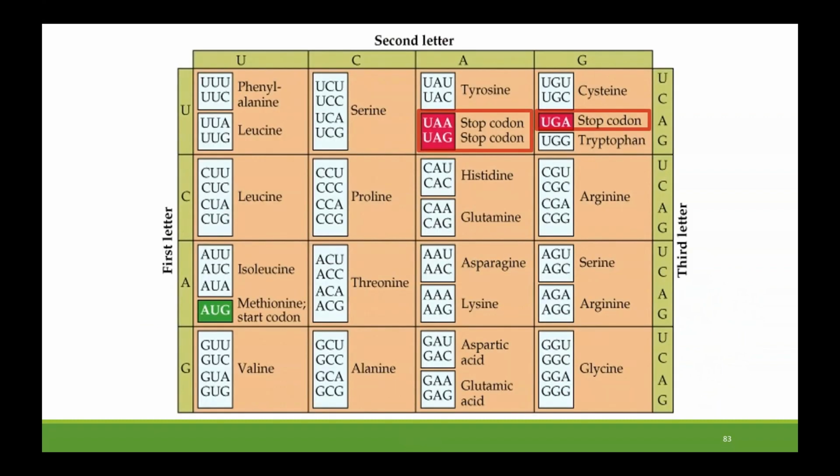There are 3 sets of letters that are referred to as stop codons. You can see them highlighted here in red boxes: UAA, UAG, and UGA. And when the ribosome reaches one of these, it will stop translating, and instead of bringing in a tRNA, it will just release the string of amino acids that it has built.